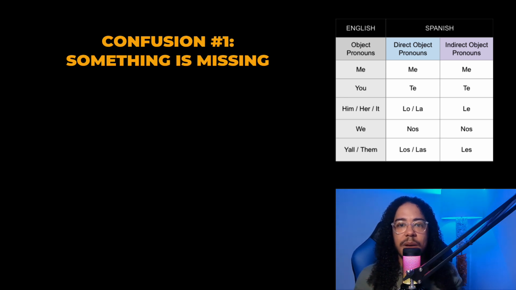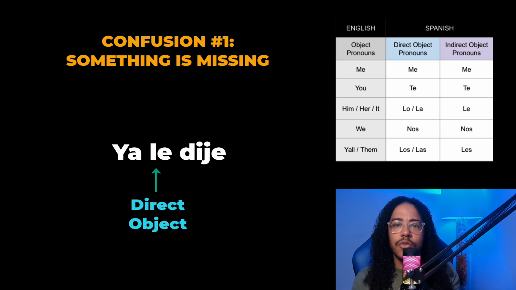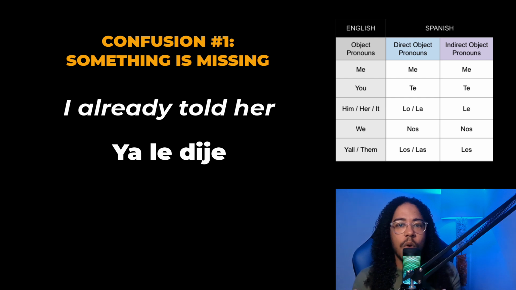Okay, so those are some more straightforward examples, but here are some common points of confusion. We get confused by sentences like ya le dije. Now that you've learned these rules, you might look at this sentence and say, le comes before the verb, so doesn't that mean it's the direct object? No. This sentence means I already told him or her. We'll just go with her.